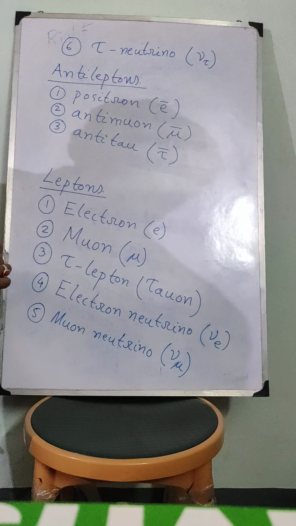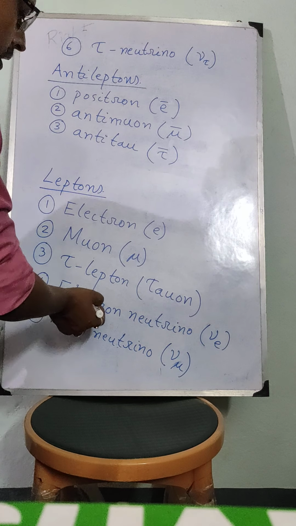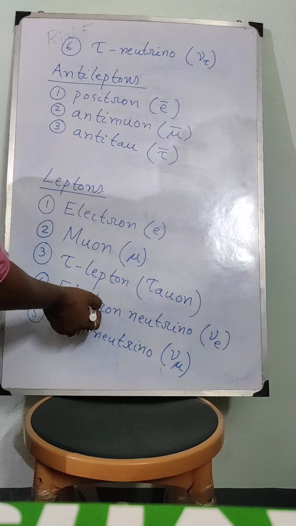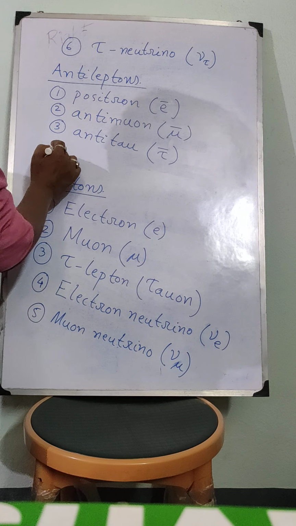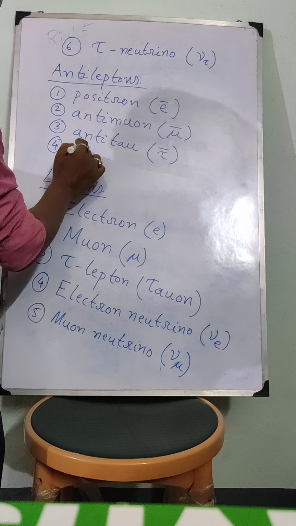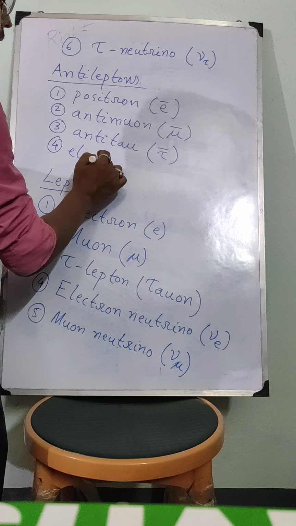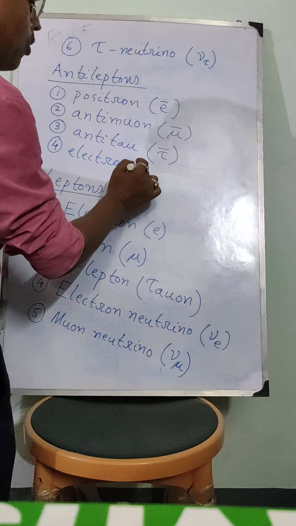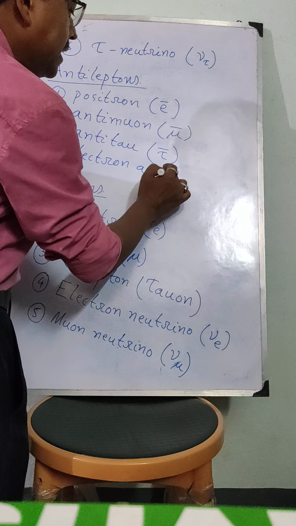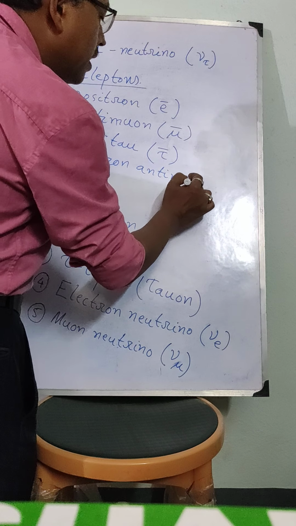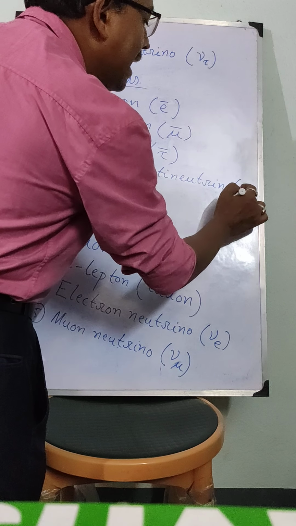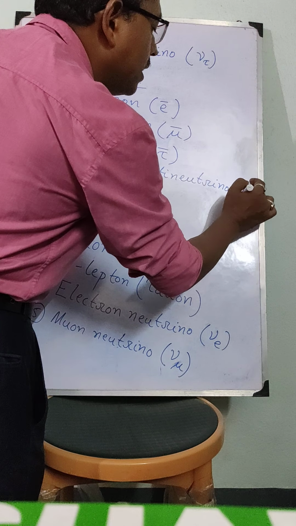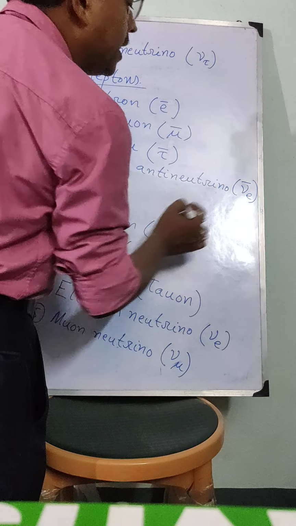Then we have antineutrinos, that is electron antineutrino, denoted as nu e with a bar sign.